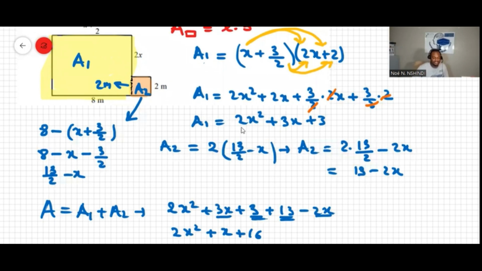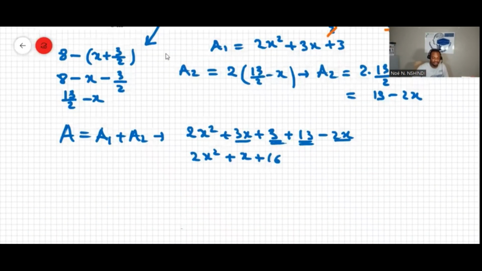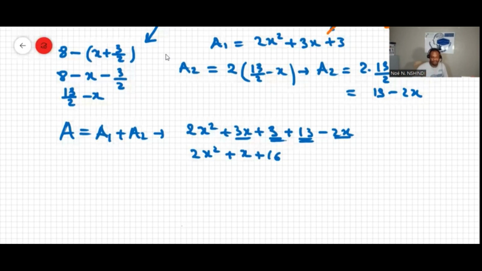Now, the question says that the total area is just 43 meters squared. So in this case, we are going to add this to 13 to 43 meters squared.